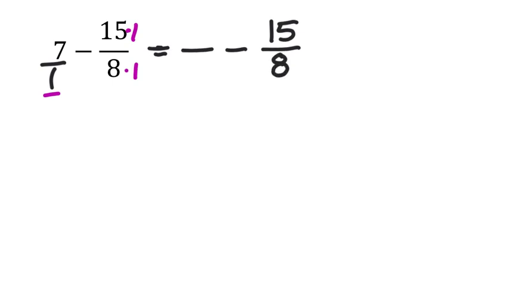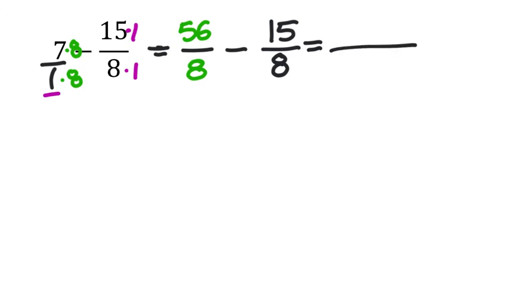So we didn't need to scale that fraction because it's 7 over 1. But I do need to scale the 7 over 1 by a factor of 8. So we'll do 7 times 8, which we know is 56. And we should also know that 1 times 8 is 8. And we should be able to do that without relying on the previous problem.